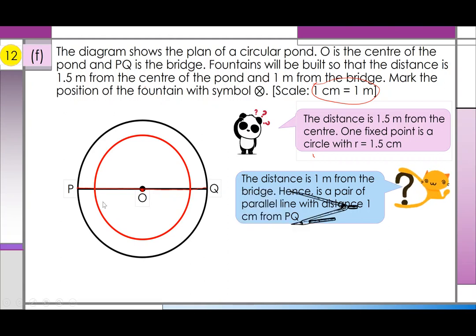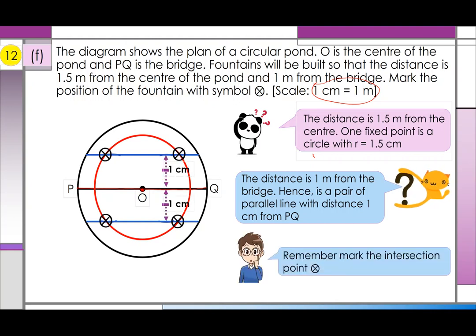So I draw 1 cm. Okay, now I connect it. So the question says mark the position of the fountain. So I can build my fountain over here with the conditions. Okay, that's all for today.